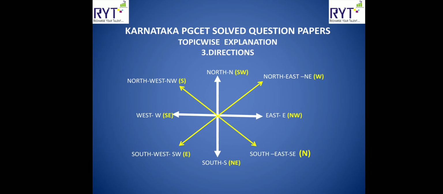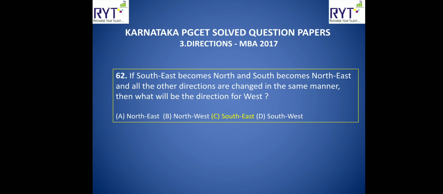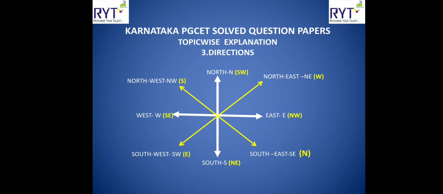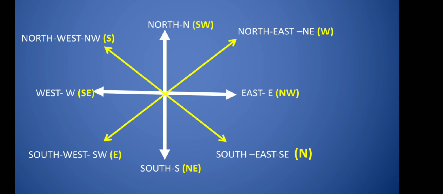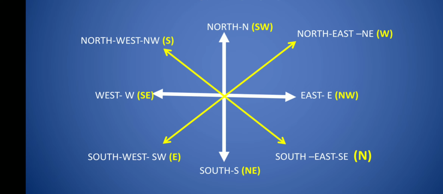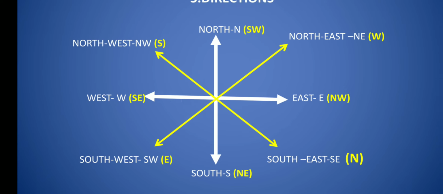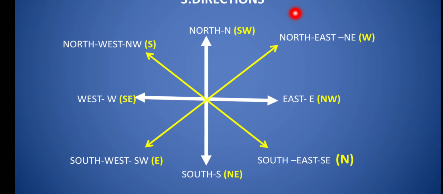Then they have said south becomes northeast. So if south becomes northeast and southeast becomes north, so you have N, you have NE, which means this will be E. If this is E, the opposite side, northeast, will become west. You have N here, you have south here.